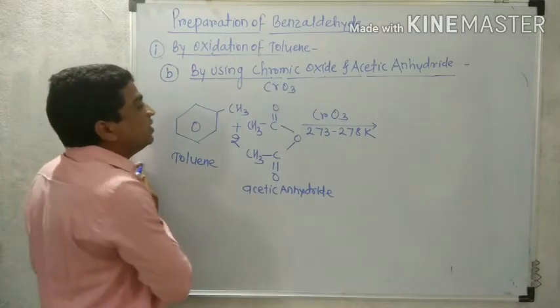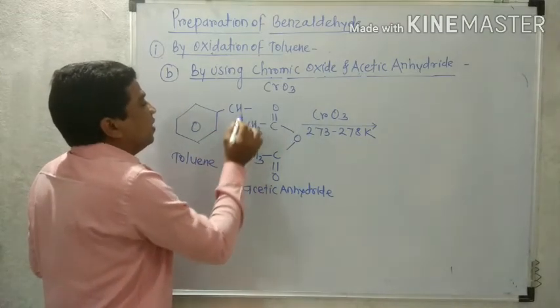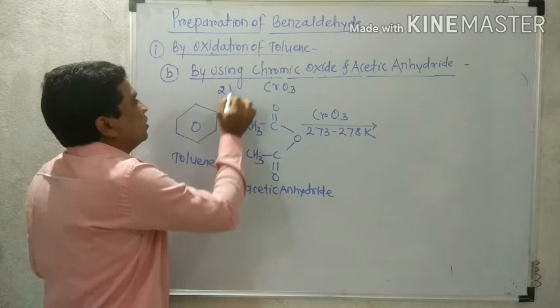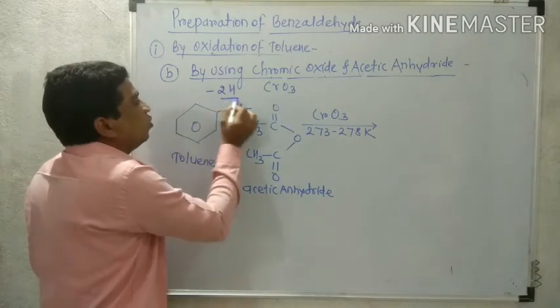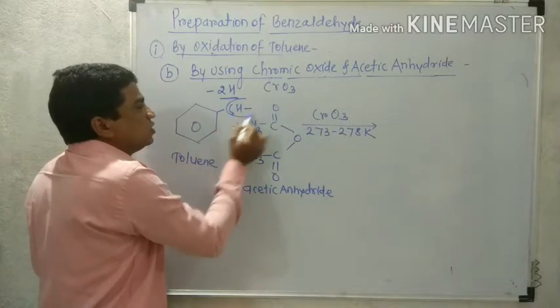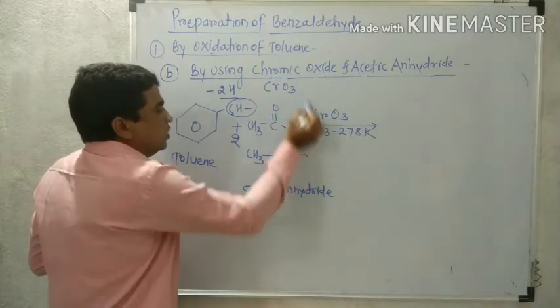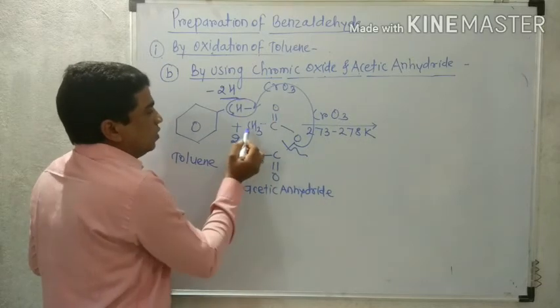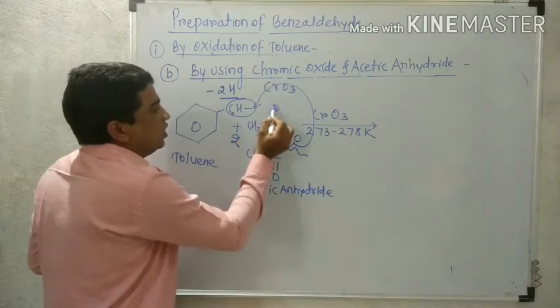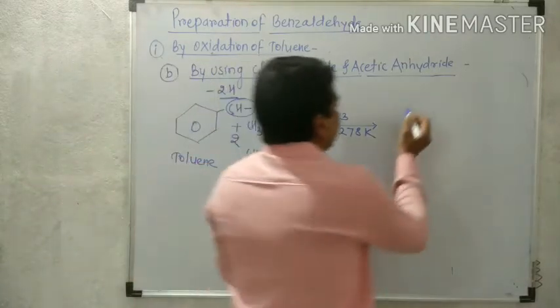So what happened in this reaction? Again, this CH3, by removal of two hydrogens, is converted to CH, and that CH is now attached to two CH3COO parts from the two molecules of acetic anhydride.